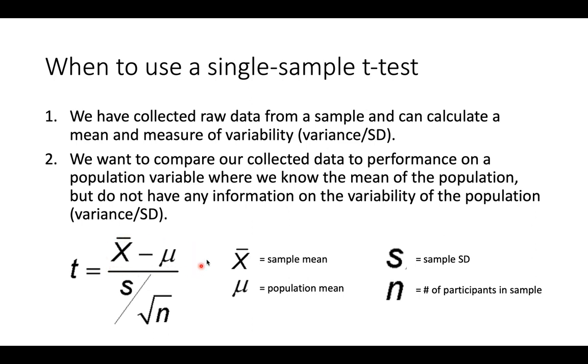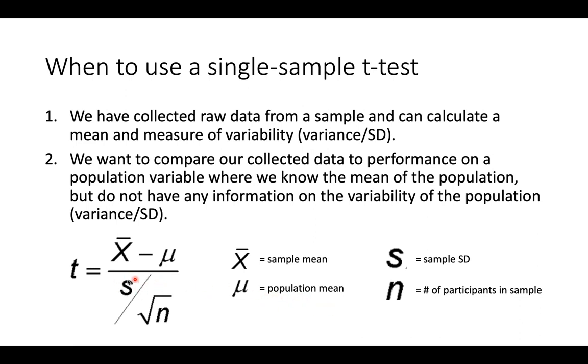So let's think about conceptually what's going on here. My numerator is a mean difference. How far away from the population is the average of my group of people? Our denominator is basically serving as an estimate of the variability at the population level.